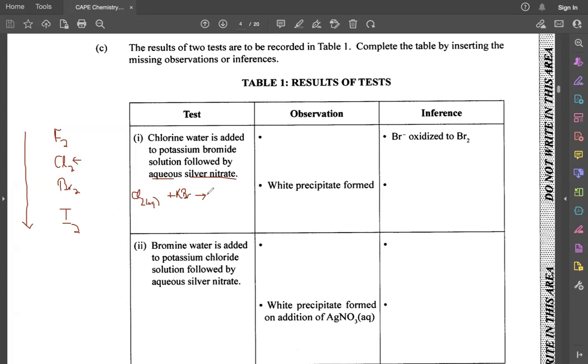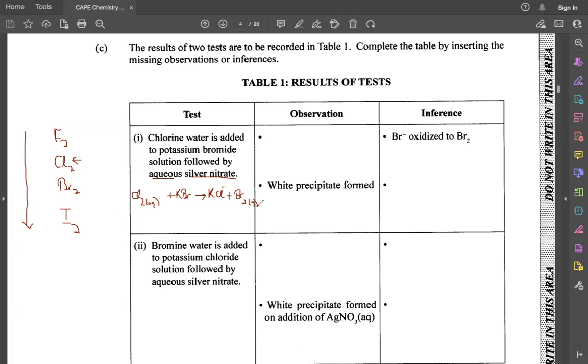And so what we'll end up with is that we'll get KCl plus Br, so it's displacing that bromide ion, and then that's turning into Br2 aqueous.